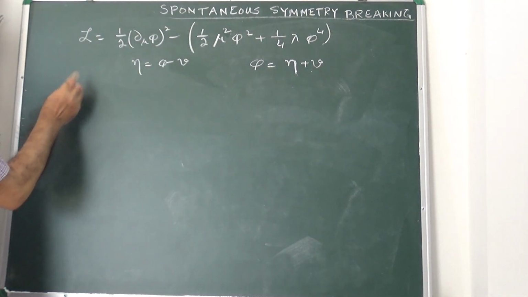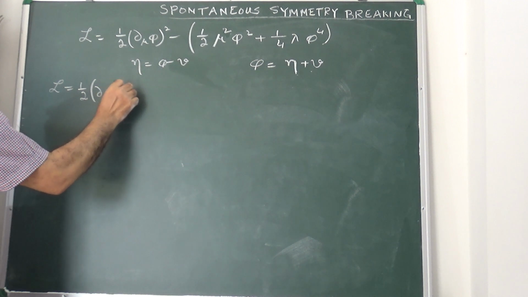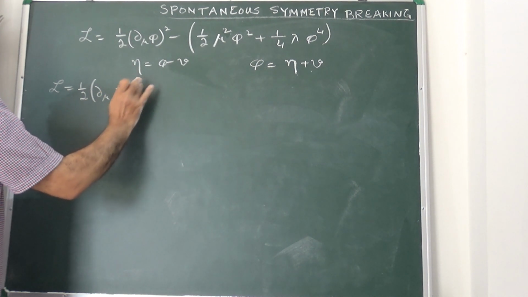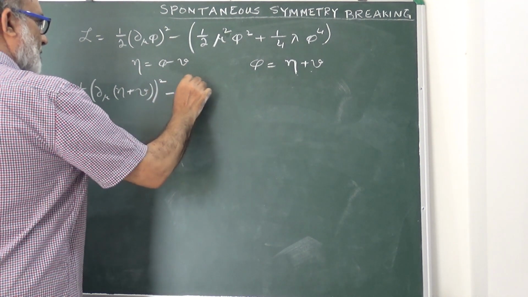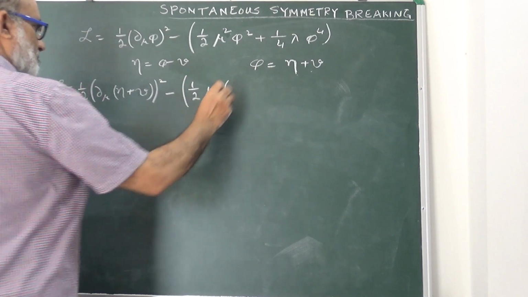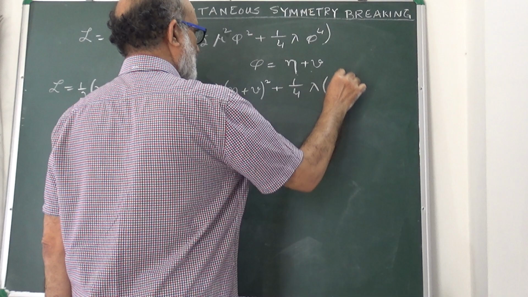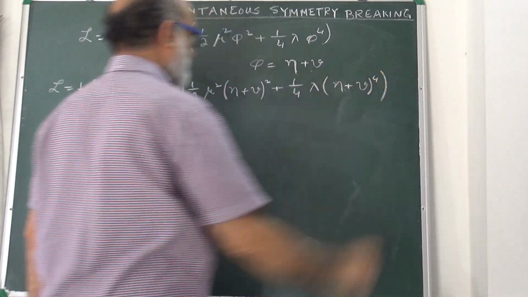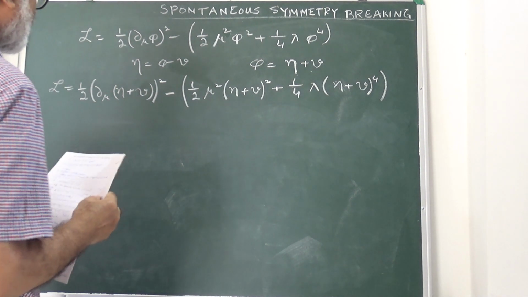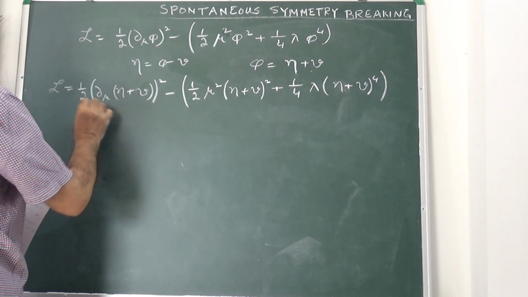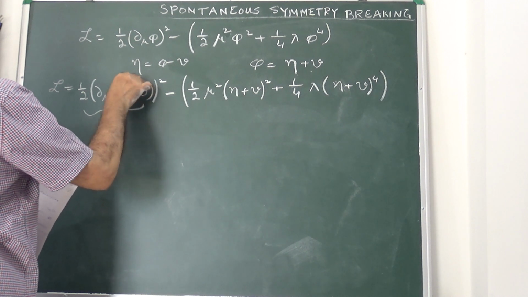So we substitute here: half del mu of eta plus v, minus half mu square eta plus v, plus 1 by 4 lambda eta plus v to the power 4, where v is the constant value of the field phi, which is the minimum potential.